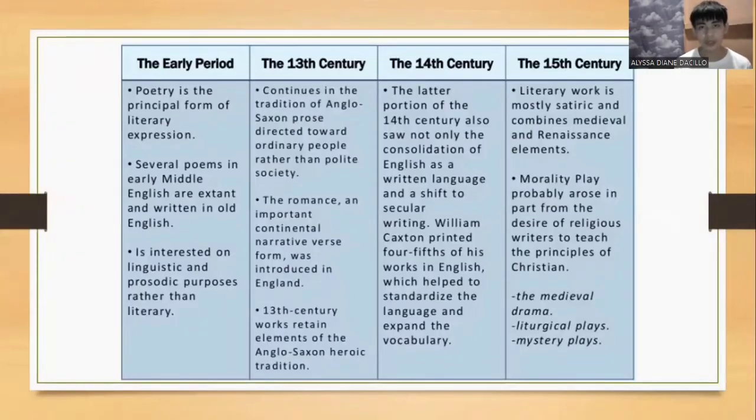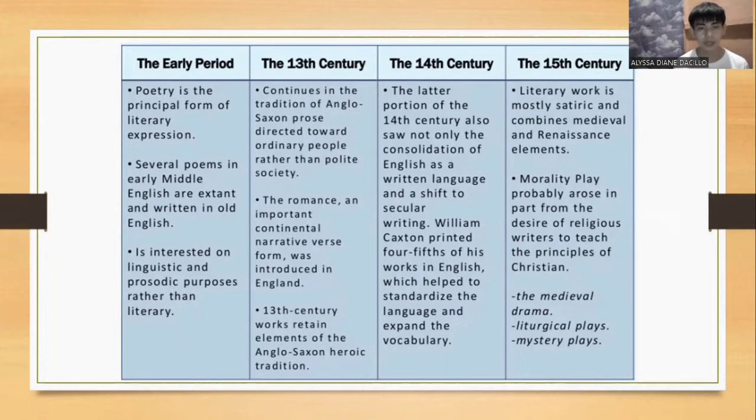So these are the ages, which are divided into four. The first one is the early period. Poetry is the principal form of literary expression, and several poems in early Middle English are extant and written in Old English, and they are interested in linguistic and persuasive purposes rather than literary.